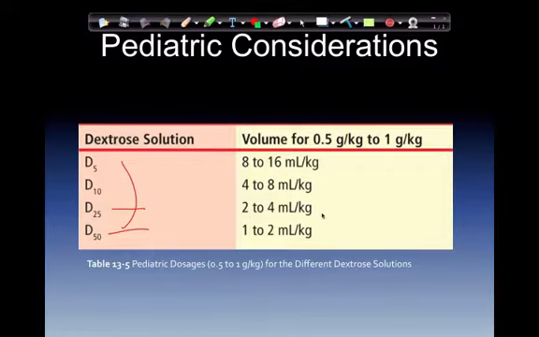D25 is 2 to 4 milliliters per kilogram. D50, 1 to 2 milliliters per kilogram. D10, 4 to 8, and then D5, 8 to 16 milliliters per kilogram. So in actuality, if we had a bag of D5W, we could administer 8 to 16 milliliters per kilogram via IV bolus and get the same results. Dextrose is dextrose to the diabetic.